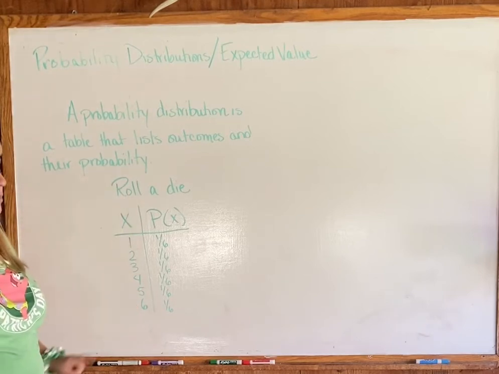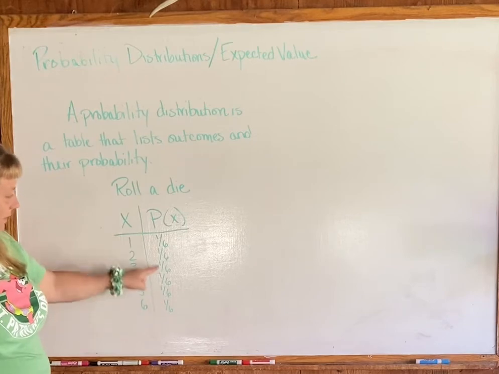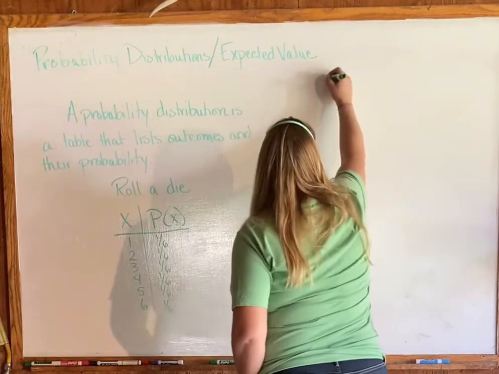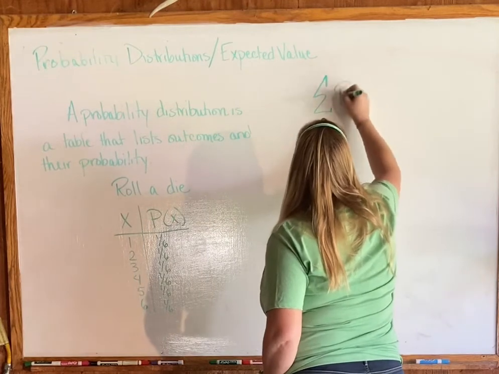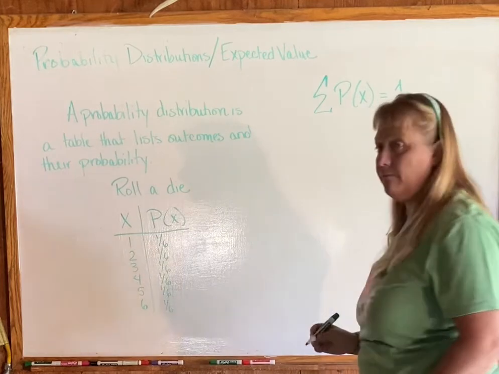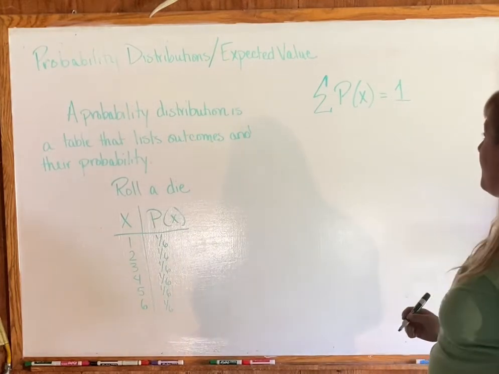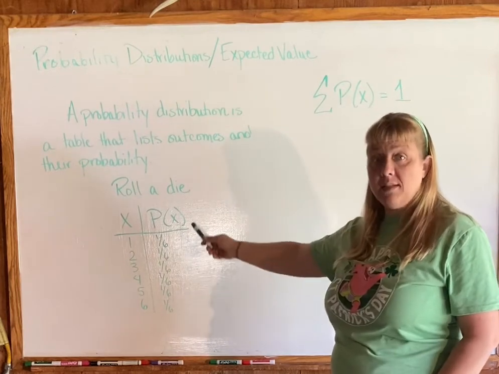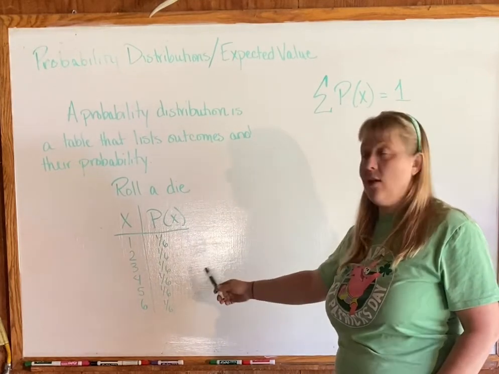Now, one thing to notice is the sum of all of these probabilities should always equal 1. So we can say the sum of the P of X should equal 1. We also want to note that these should always be positive and they should never be greater than 1.